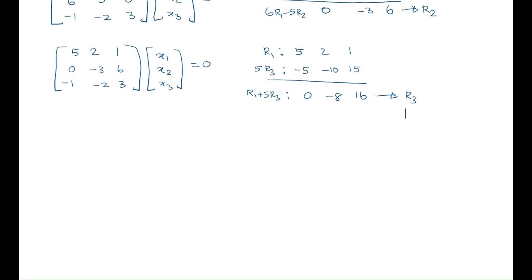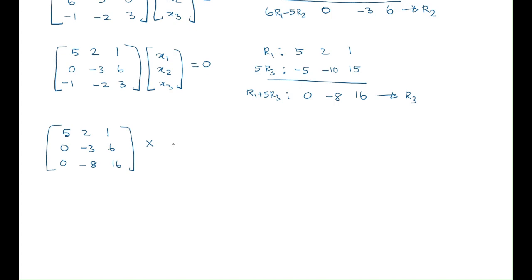So the new matrix is 5, 2, 1, 0, minus 3, 6, and 0, minus 8, and 16, multiplied with the column matrix x.